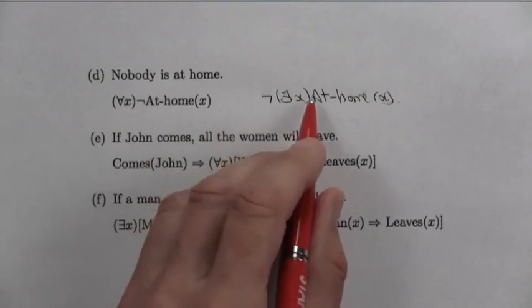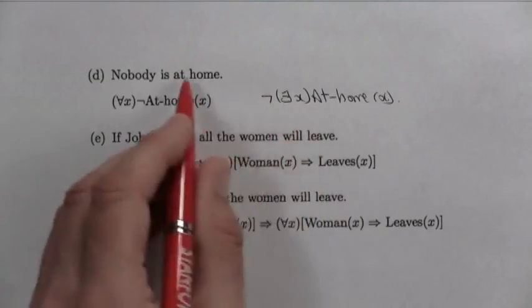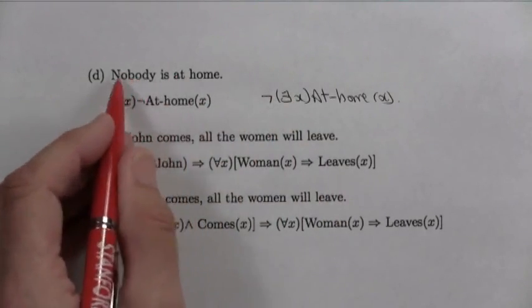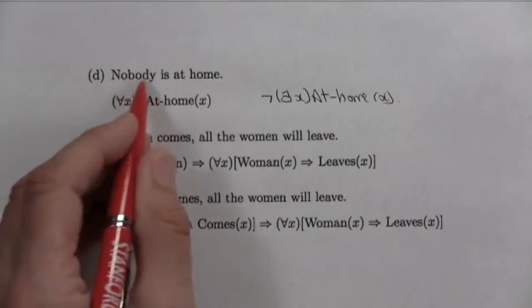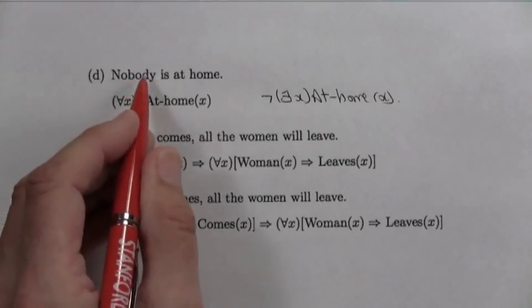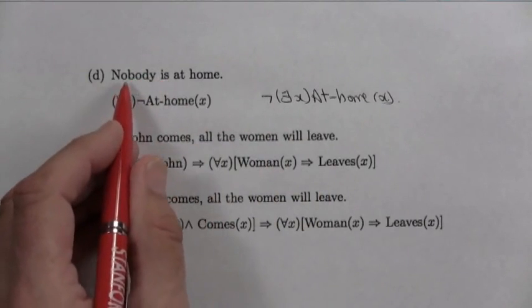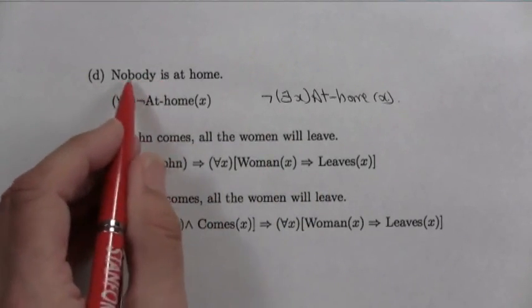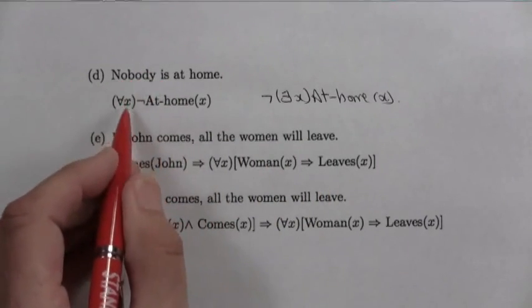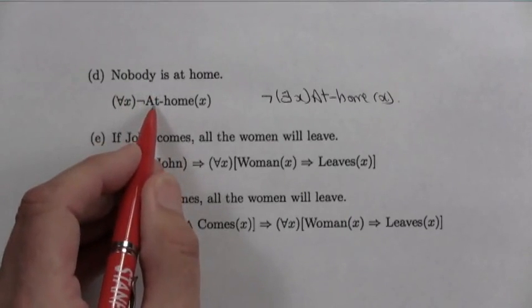You might think that this is actually a closer rendering of this one. It depends whether you regard that as some kind of a universal quantifier or not. So I'm interpreting that as saying something about sort of a negative universal quantifier almost. I'm saying it's for all X, it's not the case that X is at home.